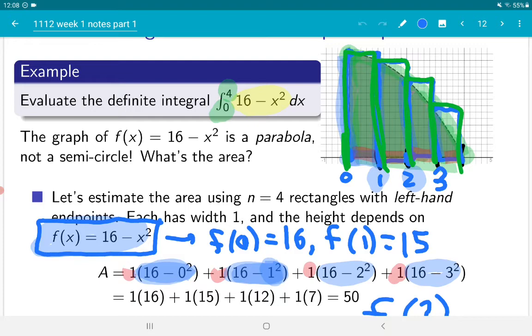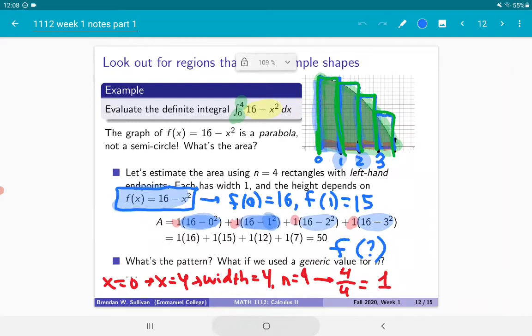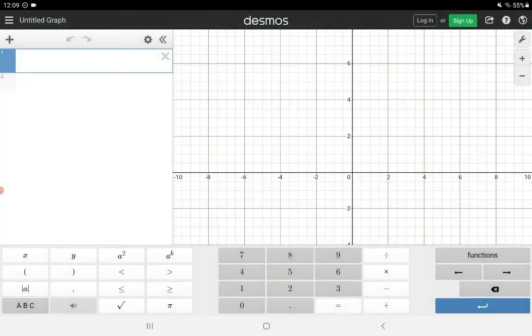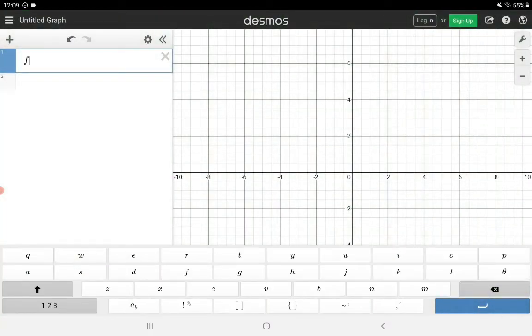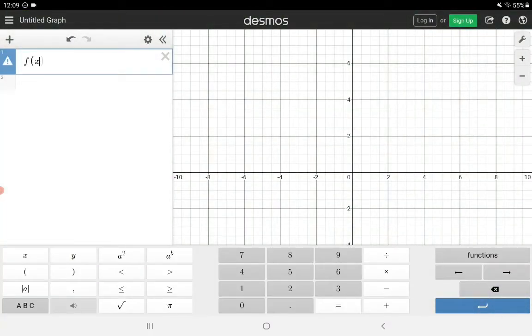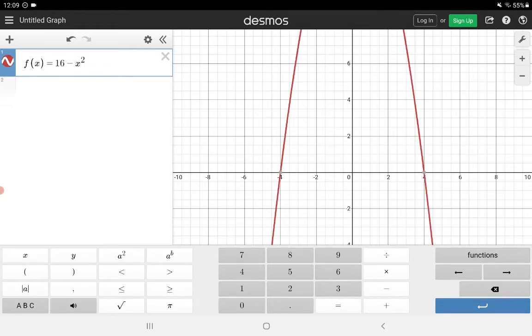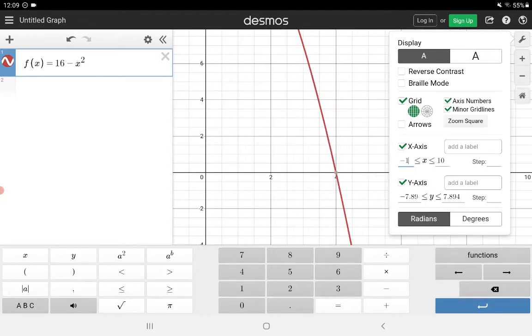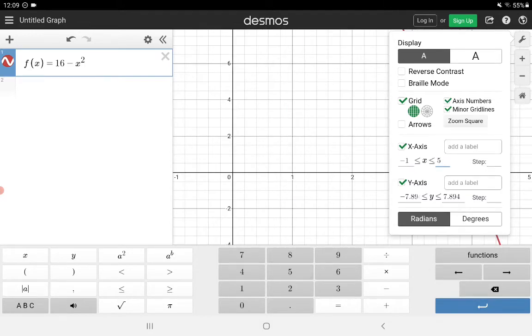Now here, just to tie everything together at the very end, let me show you how to graph that on Desmos and calculate that as well. Let's make a function. I'll call it f of x, and I'm going to call it 16 minus x squared. Let me change my view along the x-axis, because I only want to zoom in from 0 to 4.